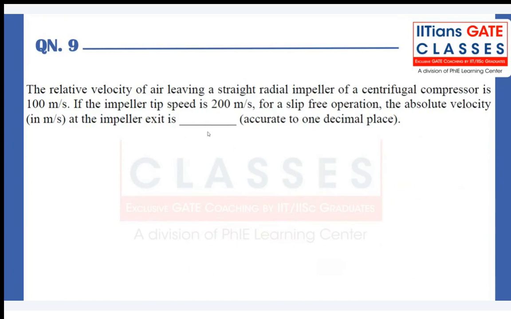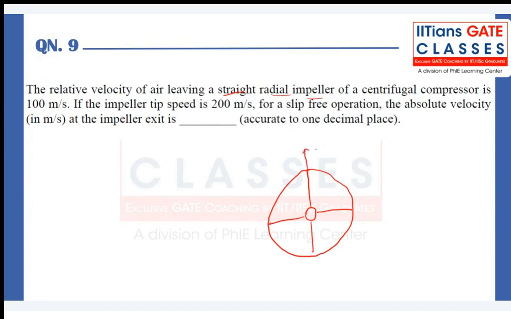Say I have a radial impeller, they have already given a straight radial impeller, right? So I have an impeller disc. So I have multiple impeller blades. The relative velocity is nothing but the velocity at which the flow leaves the impeller relative to the impeller geometry.